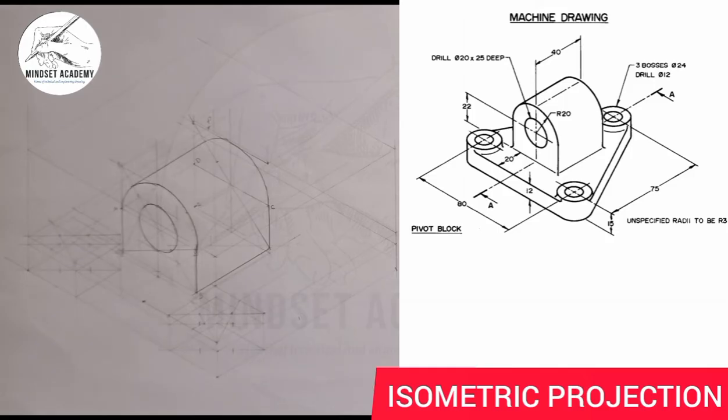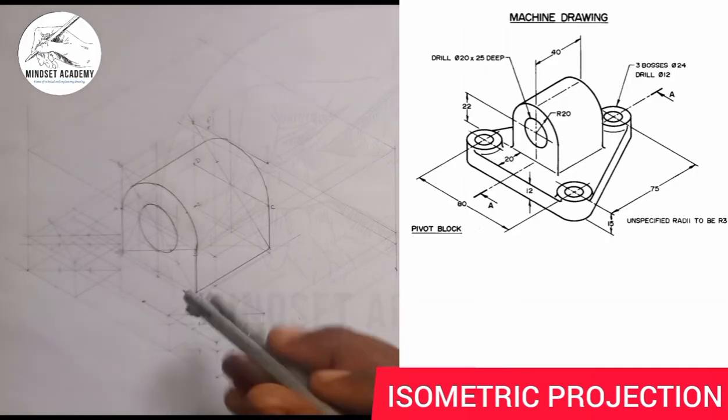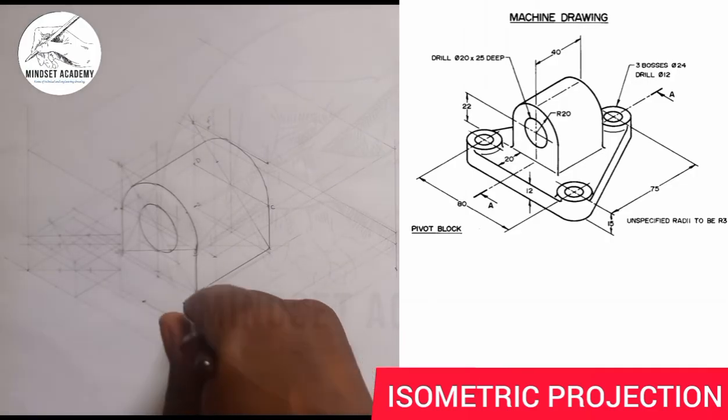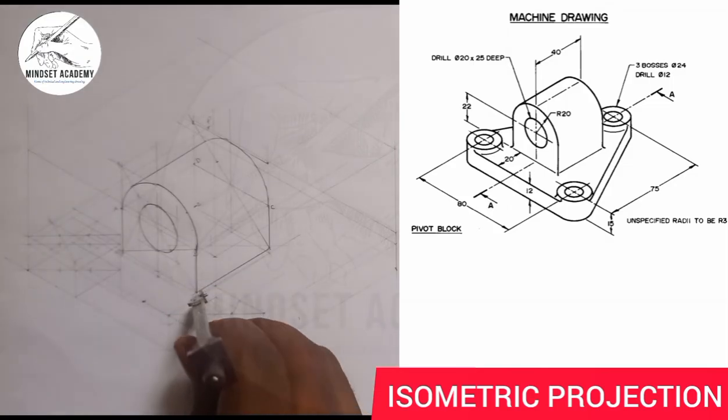So you see what I'm about to do now. Now for the top, I'll draw a complete circle. Once I place it here to this point, I will have this.